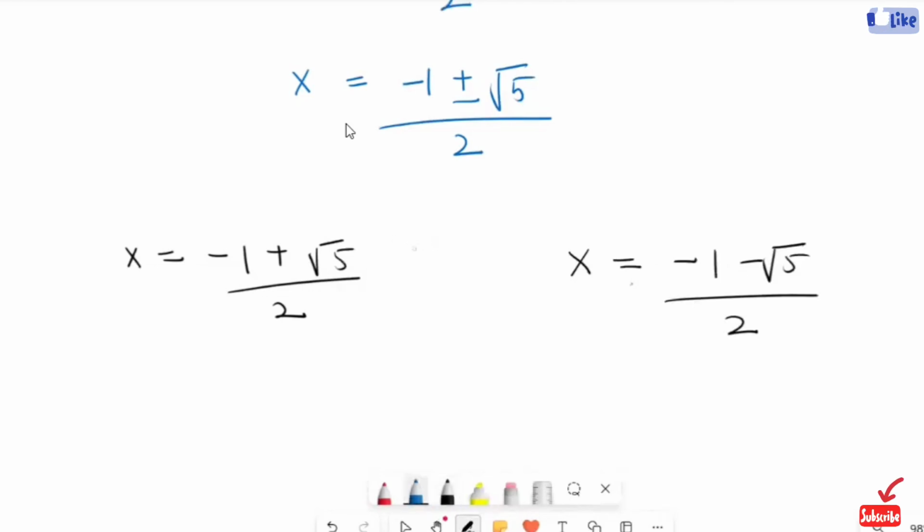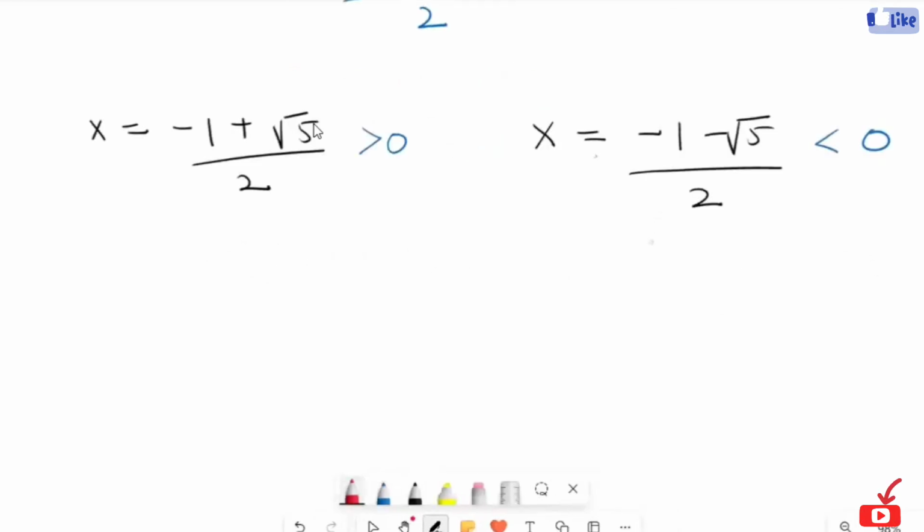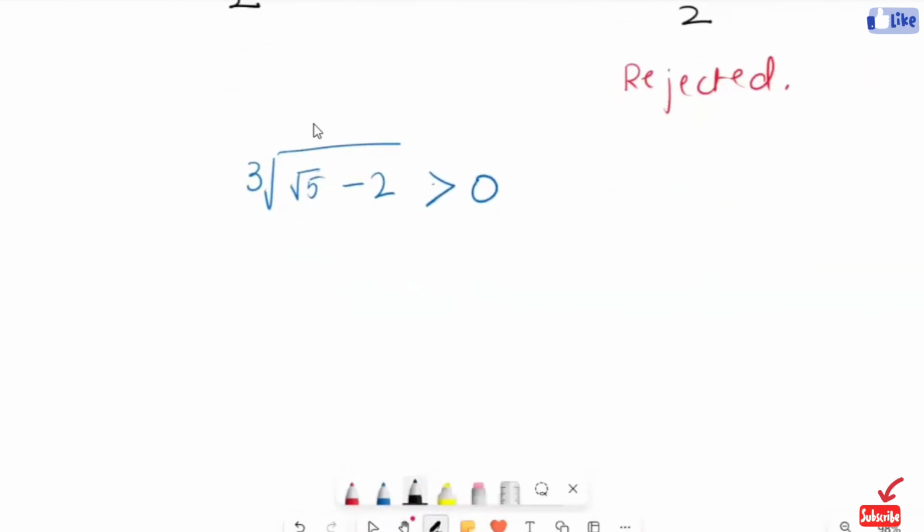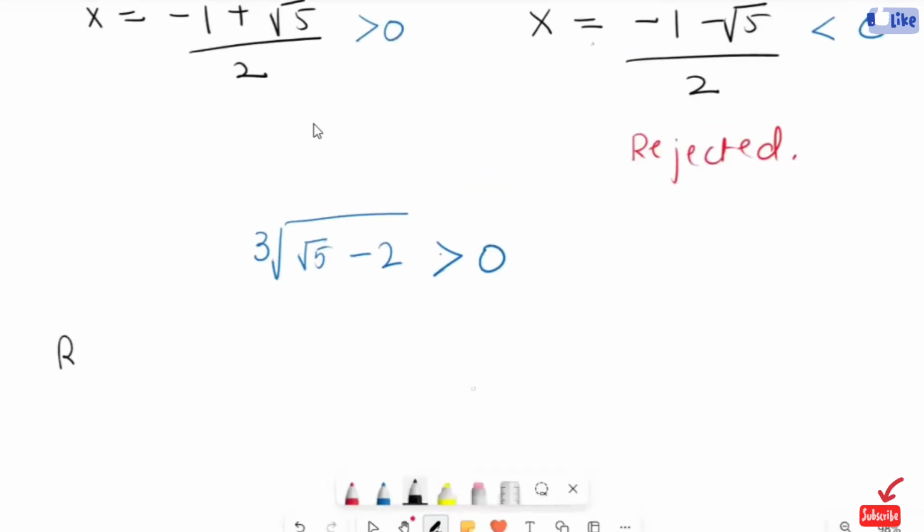Now this x value is greater than 0 and this is less than 0. Therefore, this case can be rejected. In the beginning, as I told you, our answer should be greater than 0. Now here I am going to recall x is equal to the cube root of √5 − 2.